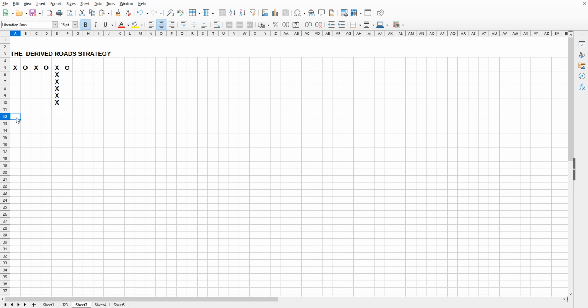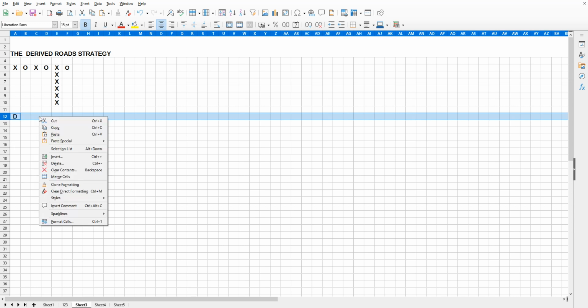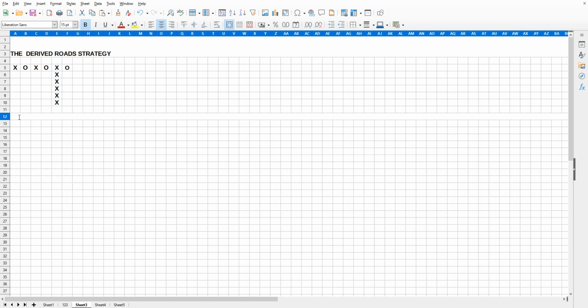the derived road number 1, okay, it's funny, here we have to do something. Derived road for this last result here, the derived road number 1 will be like this.